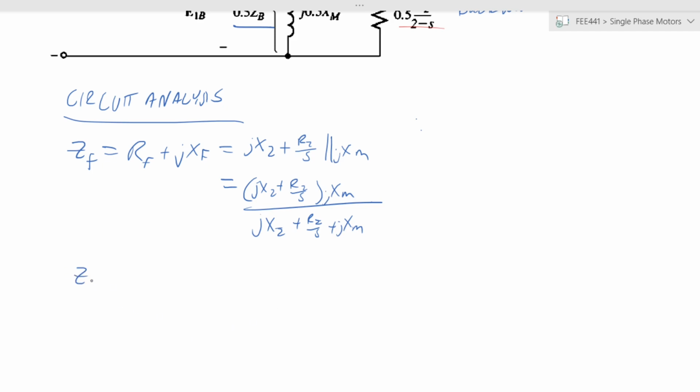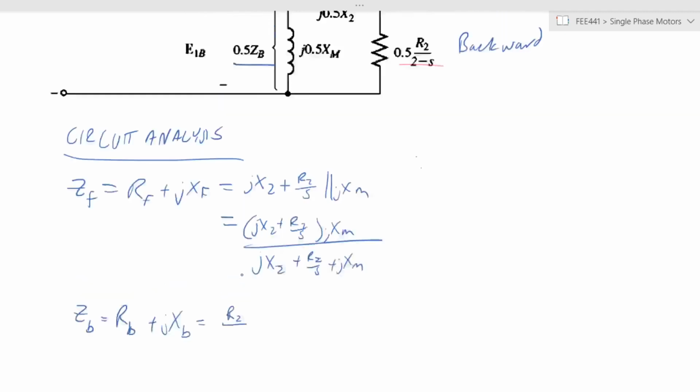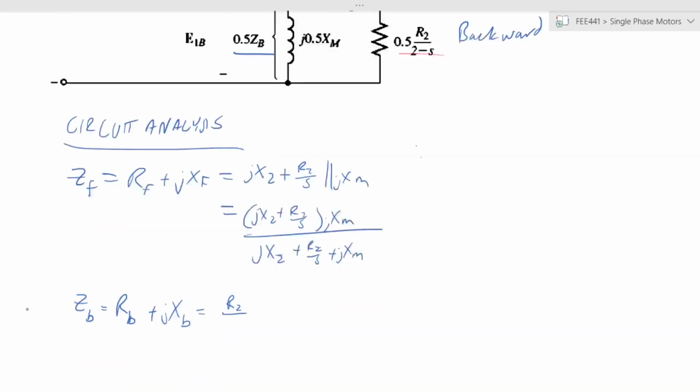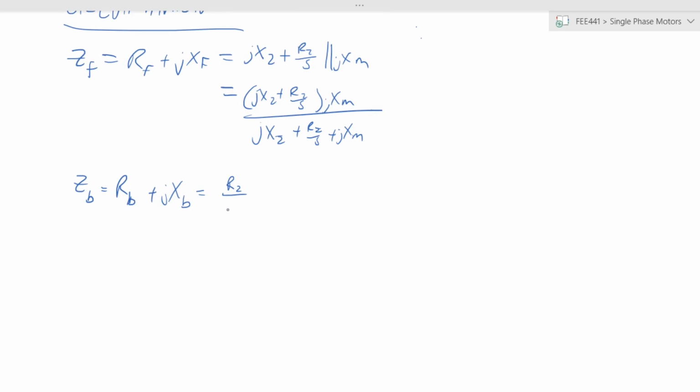Likewise, for the backward component, you have RB, a backward equivalent, plus jXB, a backward reactance, which is given by product over sum once again, with R2 over, in this case, 2 minus S, over the sum of all of those.